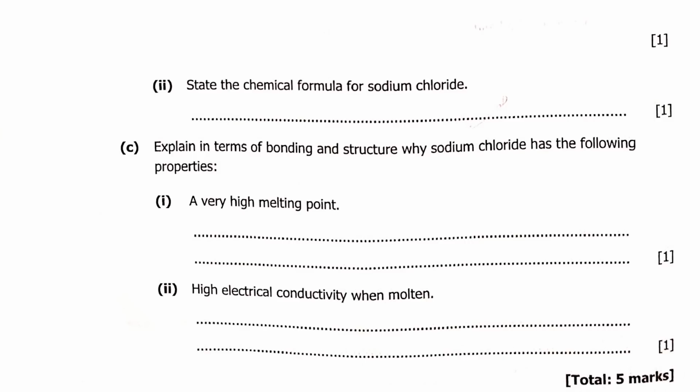The chemical formula: sodium has a valence of 1. Why? Because it has only 1 electron in the outermost shell. So valence electron 1. Chlorine has a valence of 1 as well. Why? Because it has got 7 electrons in the outermost shell, and therefore for it to be stable, it has to gain 1 electron.